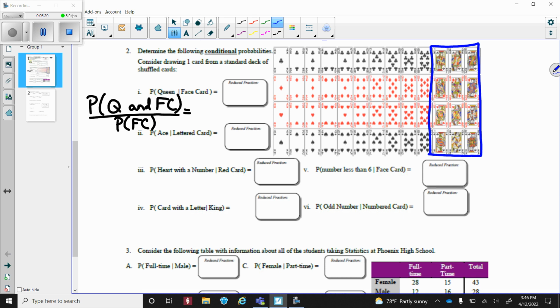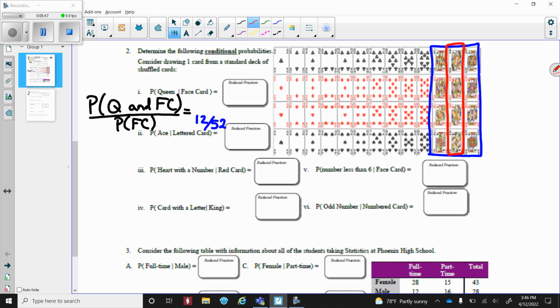So in our denominator, we have 12 out of 52. How many of those face cards are queens? Because if it's a queen and a face card, we know the face cards. We just have to figure out how many of them are queens. Well, queens have the little Q, so it's just this middle bit. It's only those 4 cards.